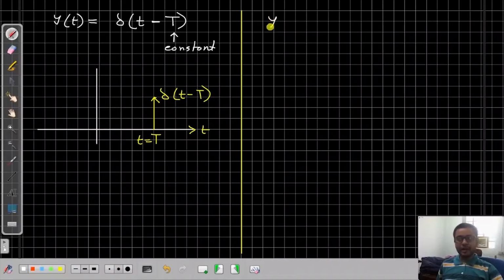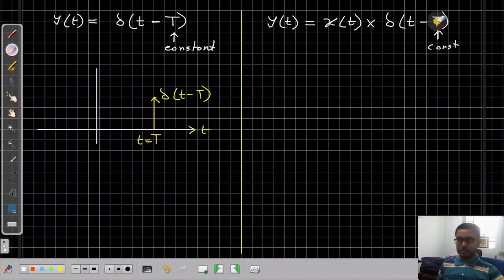Now let me ask another question. If I define a signal y(t), which is some arbitrary signal x(t) multiplied by delta(t minus T), and this capital T is a constant number given. Okay, for example, let me take this to be equal to, say, 5. How will this signal look, or what will be the result?